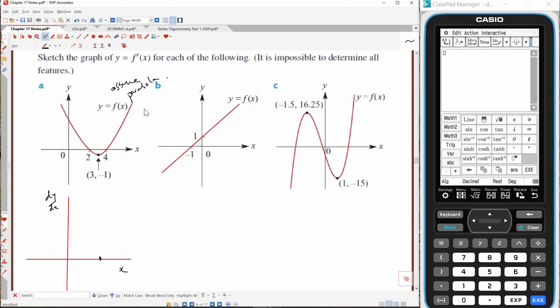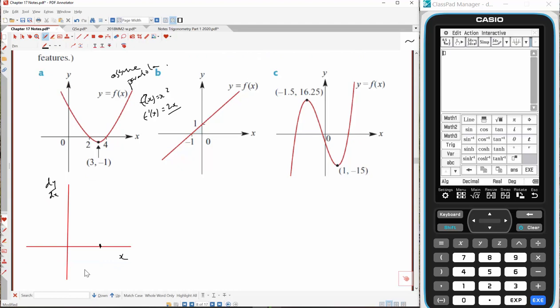Now, if this is a parabola, if f(x) equals x squared, then f'(x) will equal 2x. That is, it'll become a linear function. So what I'm assuming here is that this parabola will become a linear function. And how's it going to work? It's going to have a negative gradient on this side and a positive gradient on this side. So that means that the gradient will be negative here and then positive here.